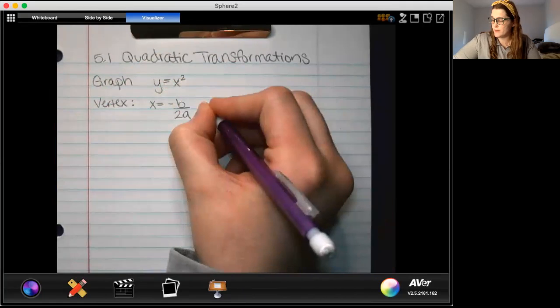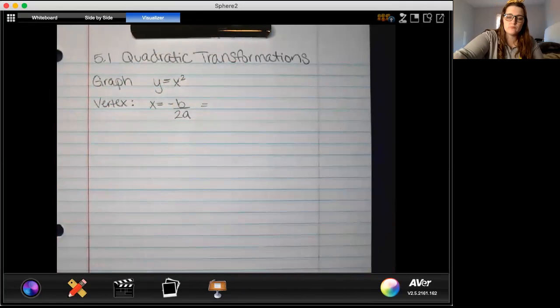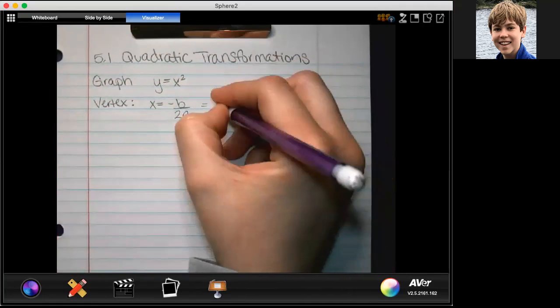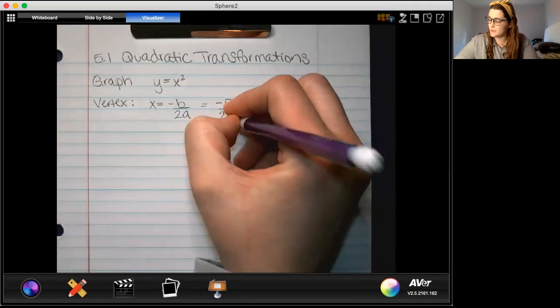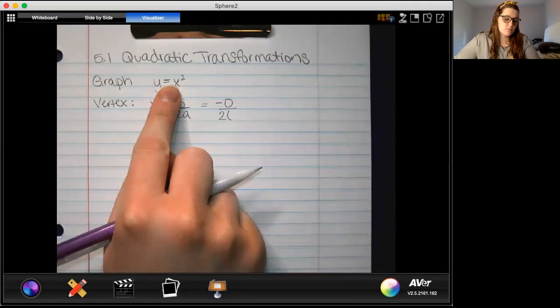So what is my b value? If it's not there, 0. It's 0. Thank you. So technically it'd be opposite of 0 divided by 2a, which a is 1.